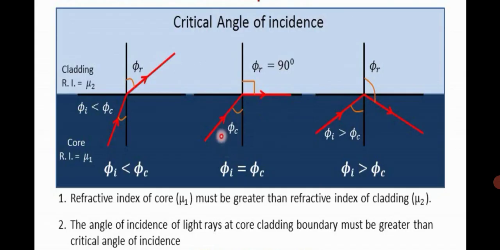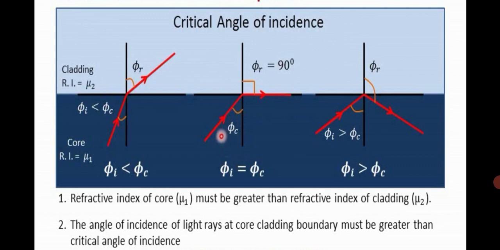In an optical fiber, now we see from the different diagrams. Here the dark blue material below has the refractive index mu1, and above it there is the cladding material, which is the faint blue in this figure. So mu1 is always greater than mu2, that is, the refractive index of the core is always greater than the refractive index of the cladding.